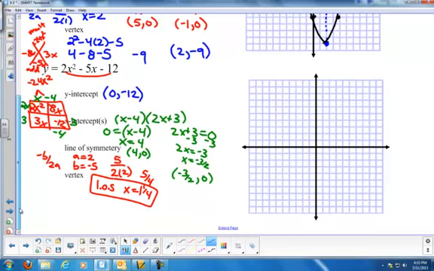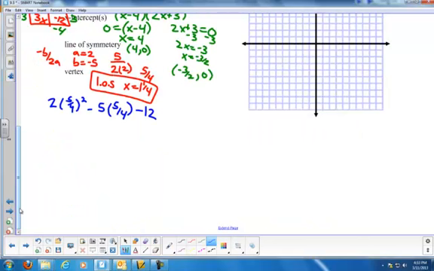And so we're definitely going to need a calculator for this. 2 times 5/4 squared minus 5 times 5/4 minus 12. So in your calculator, you get 3.125 minus 6.25 minus 12.